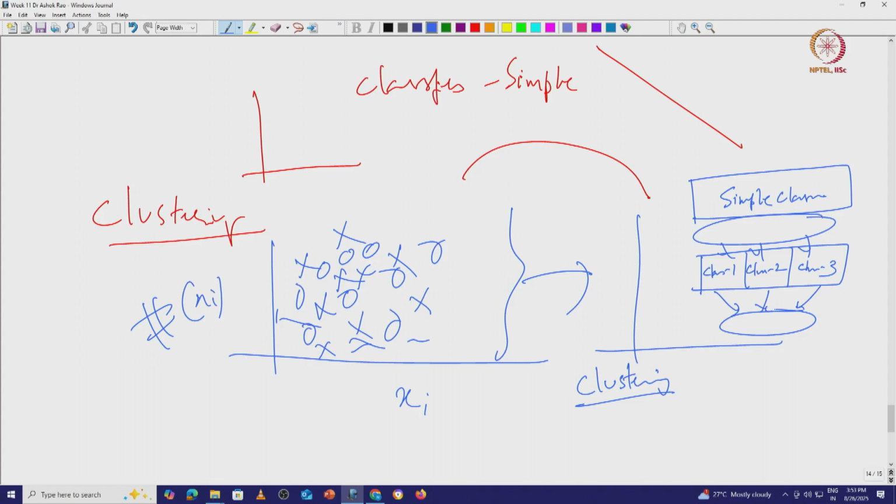Then you can give, for example, 30% weightage for this, 40% weightage for this, 30% weightage for this, and then take a collective opinion. We do this. This is fusion of classifiers, many types of classifiers.